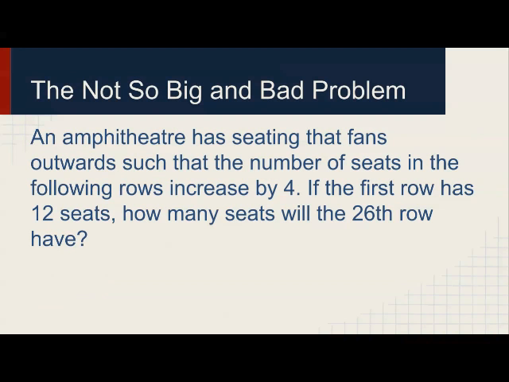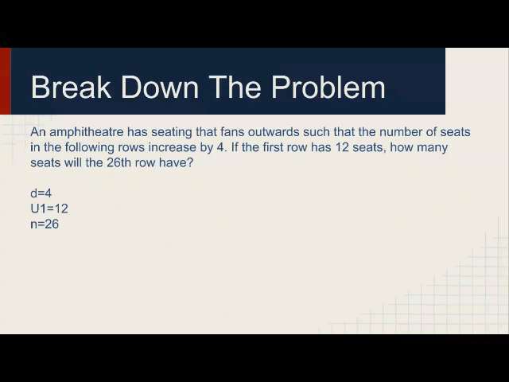And now if we look back to our original problem of the amphitheater, that is not so big, bad, and scary, we can break it down. So the rows increased by 4, so that makes d, the rate of change, equal to 4. If the first row has 12 seats, well, the first row is going to be our first term, and that means our first term equals 12.